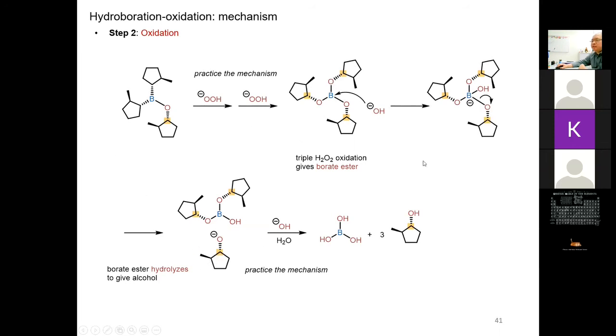Because the stereochemistry is retained during the oxidation step, the B was pointing back, and now the product OH is pointing back too. Due to the retention of stereochemistry, this trans relationship remains. So from here, you have this pointing back, and now you have the OH pointing back.